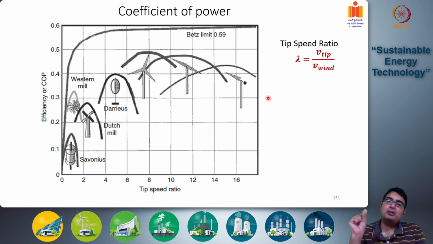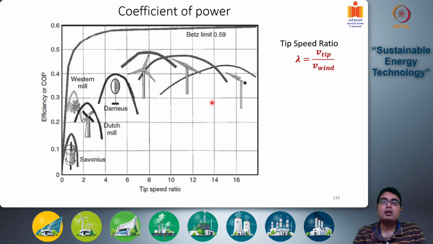Okay, so there is an optimum sweet point depending on the number of blades you have, an optimum tip speed value at which the efficiency will peak. And this value peaks for a single bladed wind turbine at around 0.45, which is significantly lower than the Betz limit of 0.59. Notice that. And this happens at a very high tip speed ratio of 15.